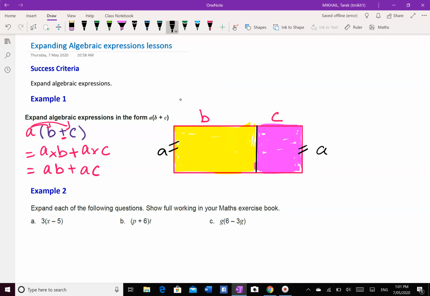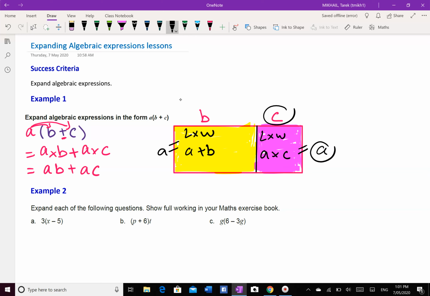The area is length times width. So the length times width will be A times B. And the pink rectangle will be A times C.